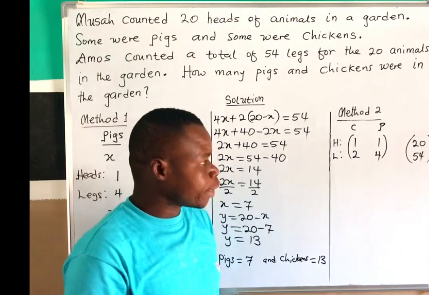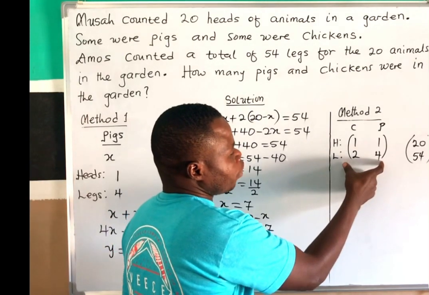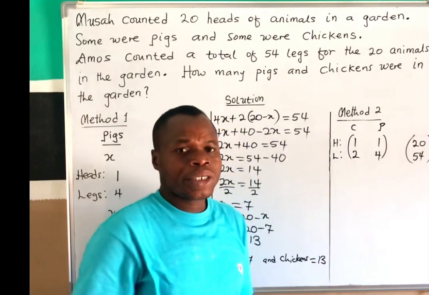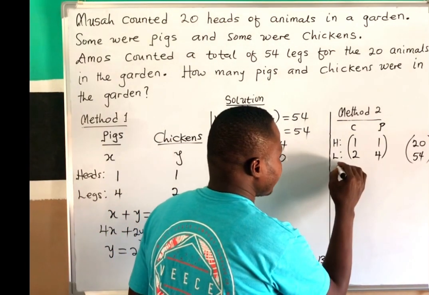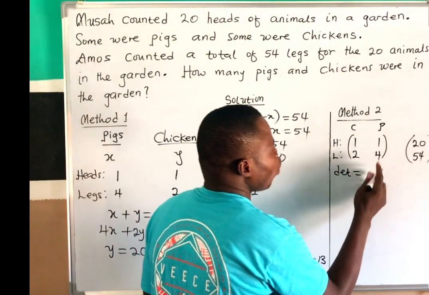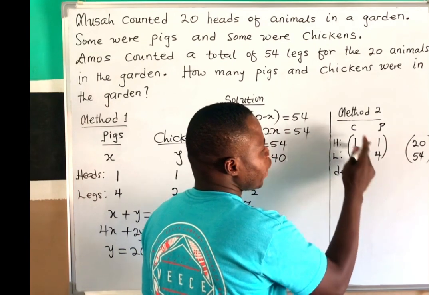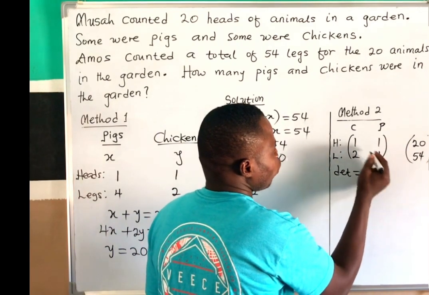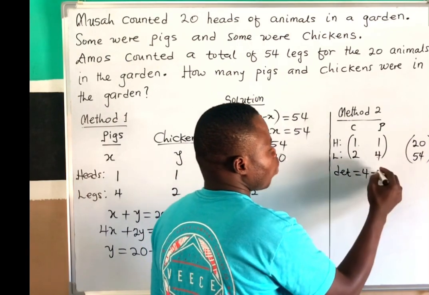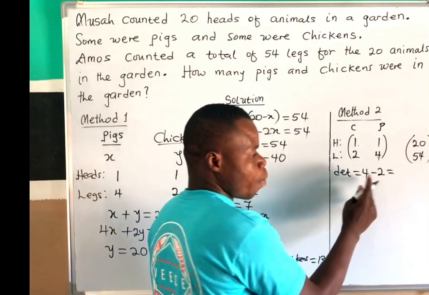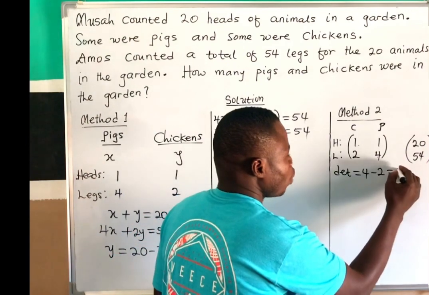To find the inverse of this matrix, you first find the determinant. The determinant, represented by det, is equal to the product of the leading diagonal values, that is 4 times 1, 4, minus the product of the other diagonal, 2 times 1, which is 2. And 4 minus 2 is 2.